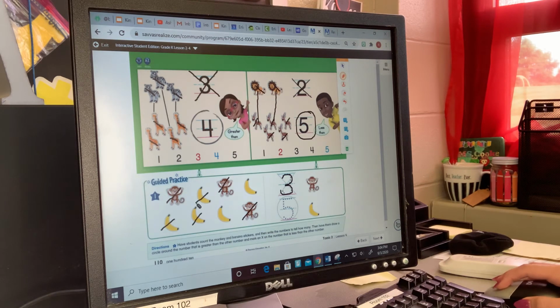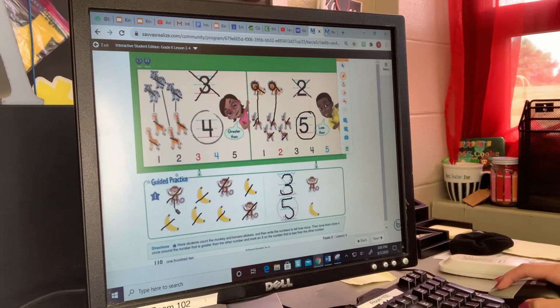Then I'm going to go and count how many bananas I have. 1, 2, 3, 4, 5. Write the number 5 here because I've put 3 monkey stickers, 5 banana stickers. So I'm now going to compare my groups of images and decide which one I have greater the amount or which one I have less than the amount.